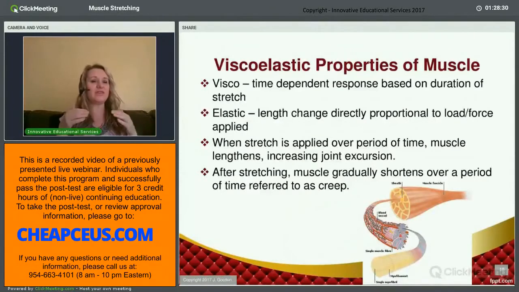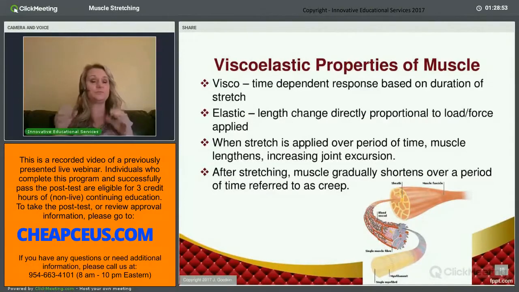What is actually occurring at the cellular level of the structure of the muscle itself, looking at those viscoelastic properties, because we do need to have a structural change if we're actually having new length. Right? That muscle needs to somehow become longer and maintain that in order to allow for increased joint excursion for our carryover to function.